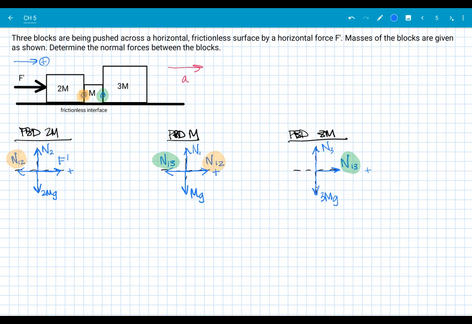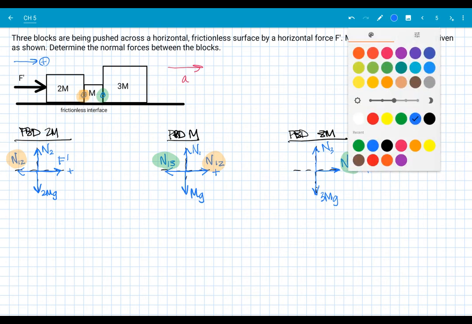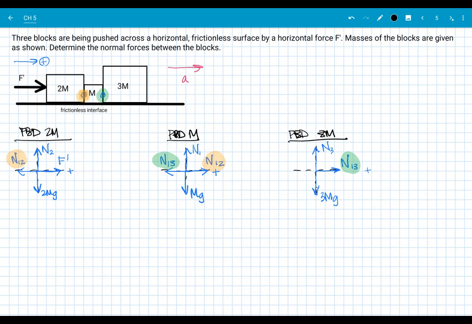Now I can write my Newton's second law statement for each of these using the sign convention that I've applied. So for the 2m block, I would get F prime minus N12 is equal to the mass 2m multiplied by acceleration A. I don't know what that acceleration is, but I've got to call it something.